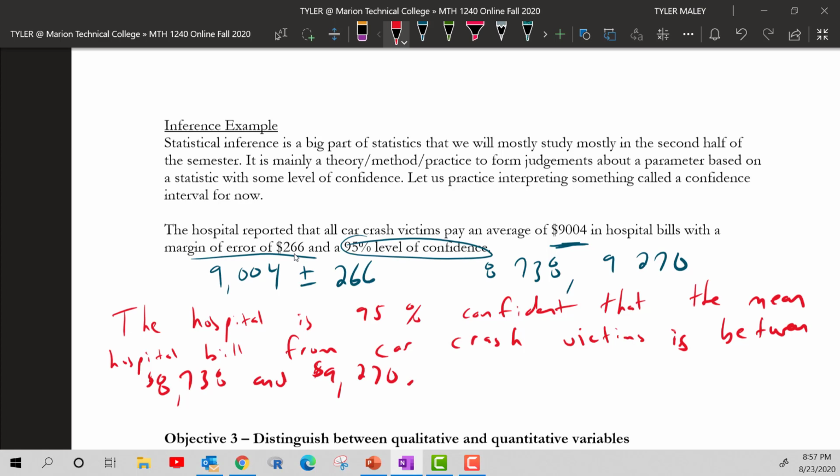Right? So again, look at this later. I just need you to be able to go from this statement and be able to identify this statement as a multiple choice, right? So that's all I'm really looking for, that you can add, subtract, and understand that we're 95% confident, right?